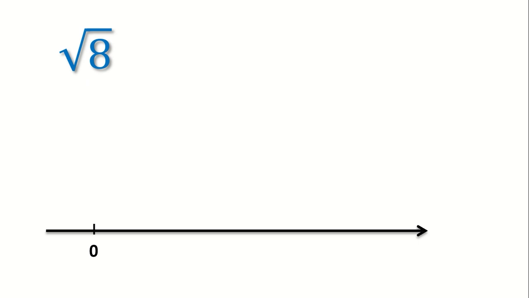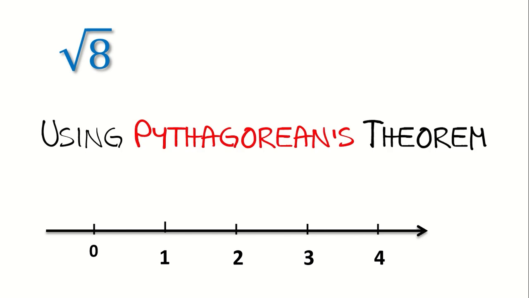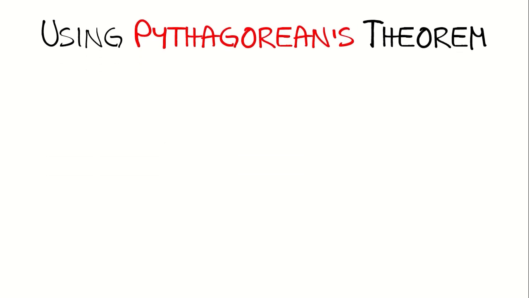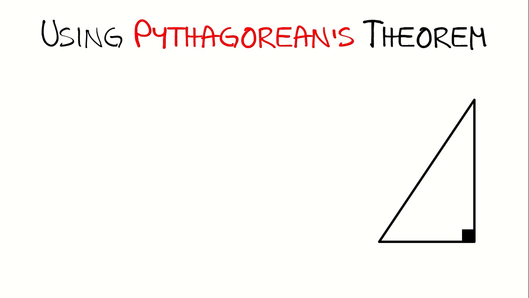The Pythagorean theorem says that if you have a triangle with an angle of 90 degrees, we can write the relationship of the lengths as below.